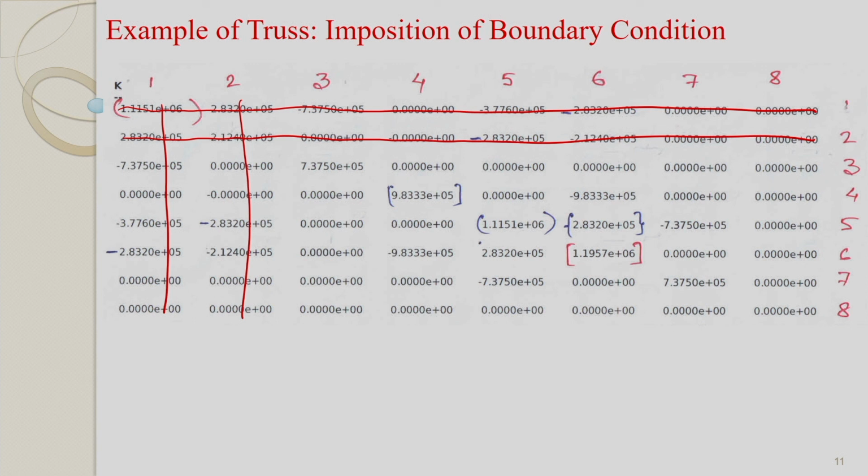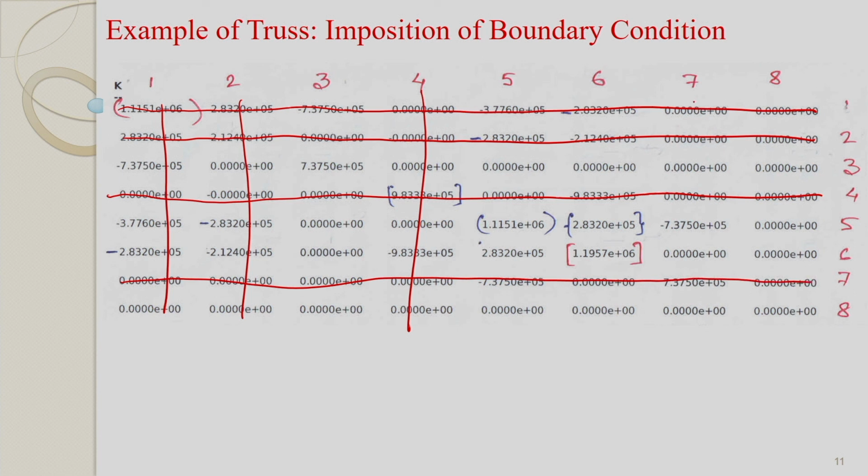Now, if you see, u4 is also 0. So, fourth row and fourth column, and also u7, seventh row, seventh column, and u8.